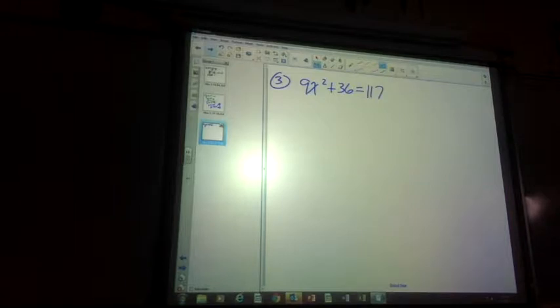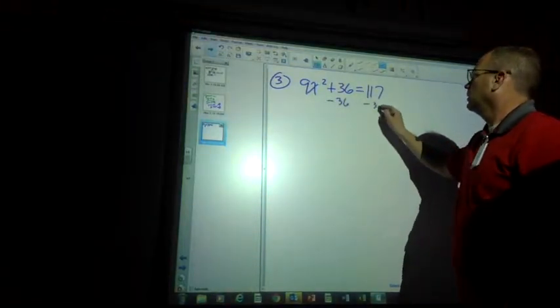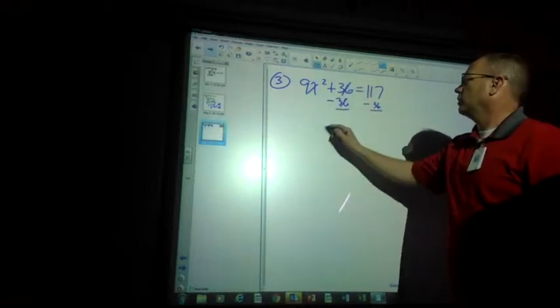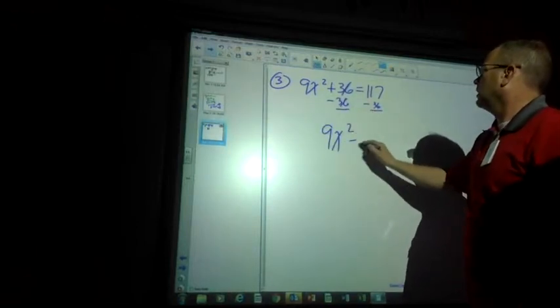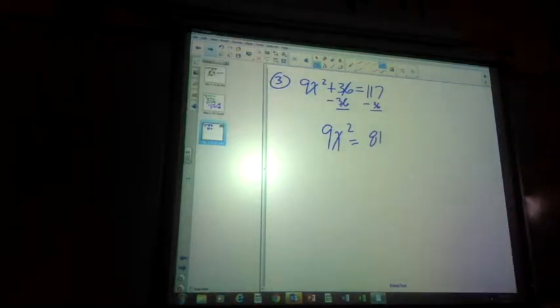Or I'm missing the linear component. I'm missing the x component. So if I subtract 36 from both sides, those cancel. So then I have 9x squared is equal to 81, I believe. Did I do that right? I hope so. This is because it'll work out really nice.